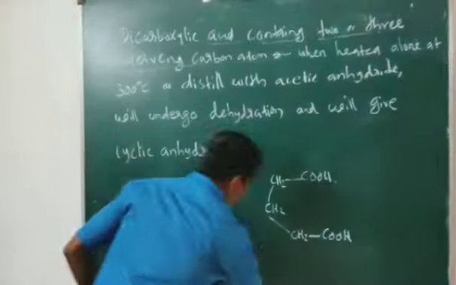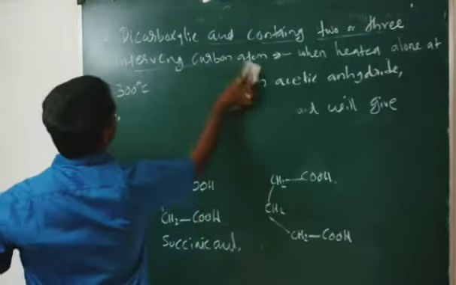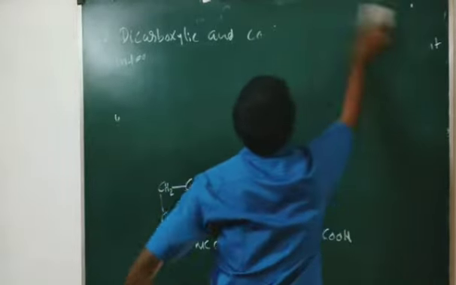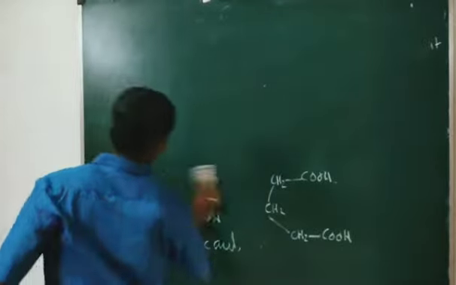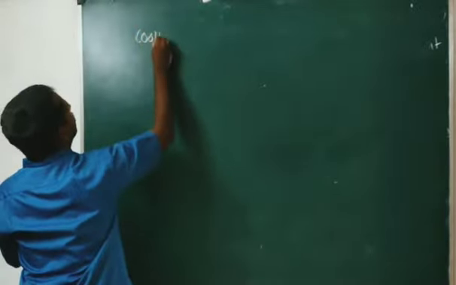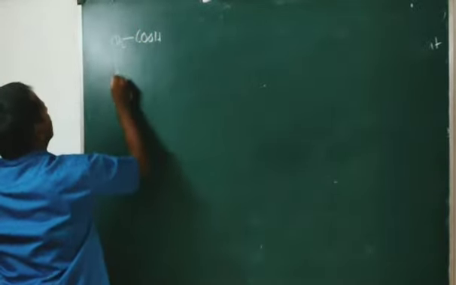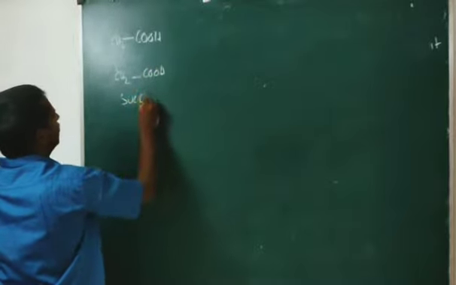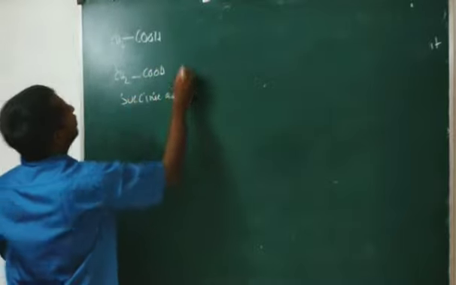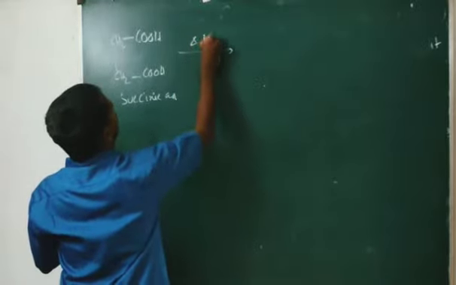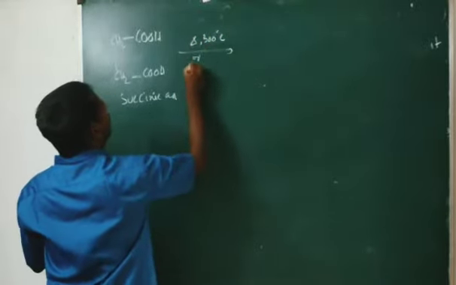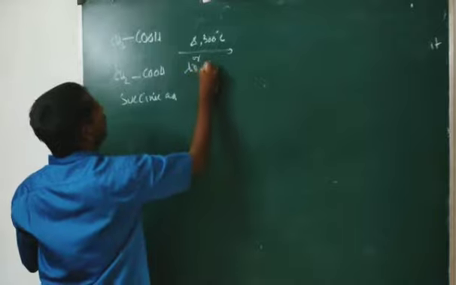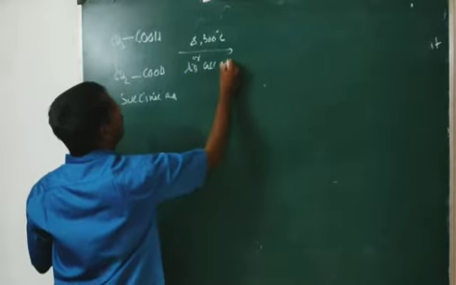This type of dicarboxylic acid on heating, what will happen? So first let us take dicarboxylic acid with 2 intervening carbon atoms, CH2, CH2, COOH, succinic acid, when heated at 300 degrees Celsius or distilled with acetic anhydride.